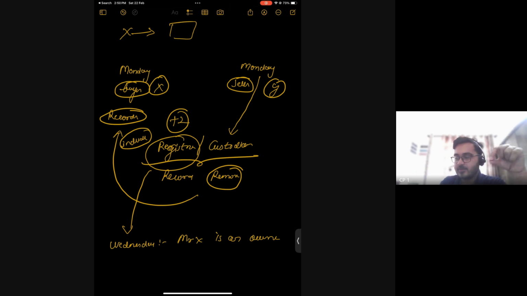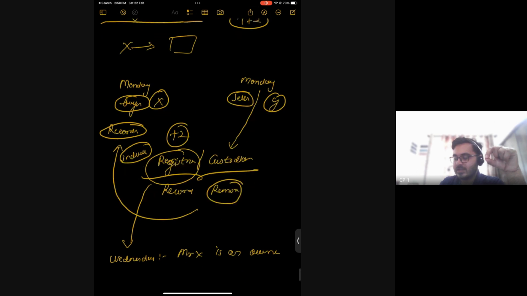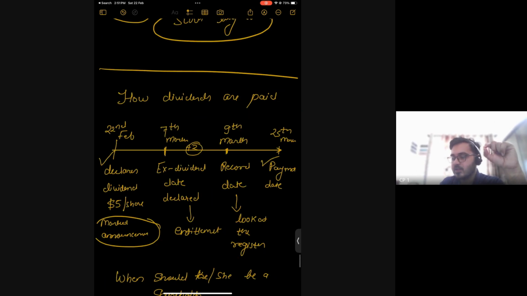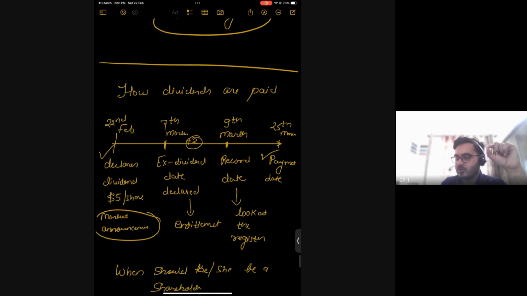So while someone may be a buyer on a specific date, he will only be recorded after a certain date. So what usually ends up happening in these sort of transactions is, you will have an ex dividend date. If someone sells on this date, the problem is, the registrar still feels that he's an owner, because in the registrar the entry will only be done 2 days later.